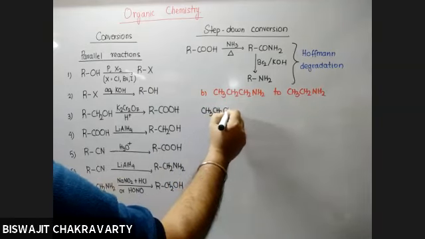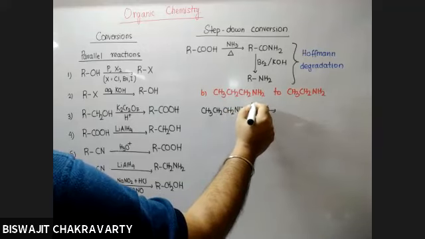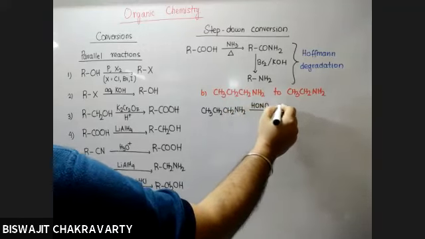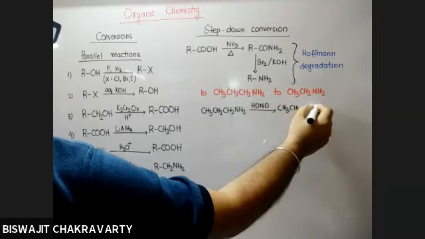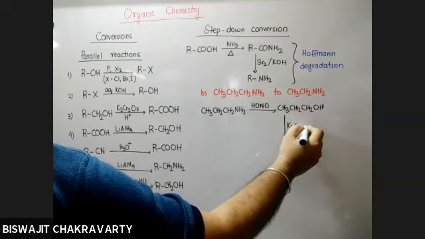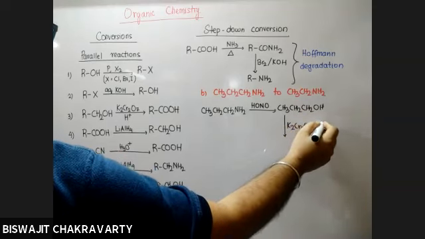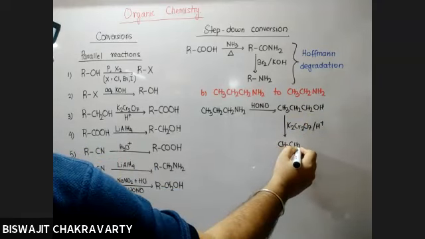CH3CH2CH2NH2 with HONO gives CH3CH2CH2OH. With K2Cr2O7/H+, you get CH3CH2COOH.